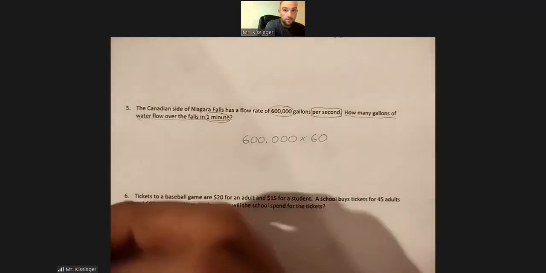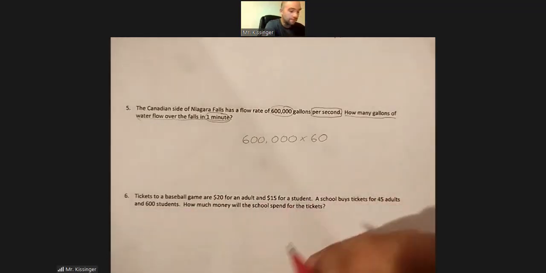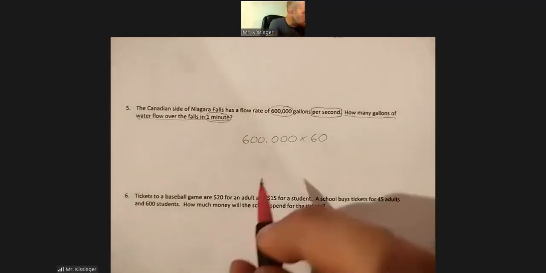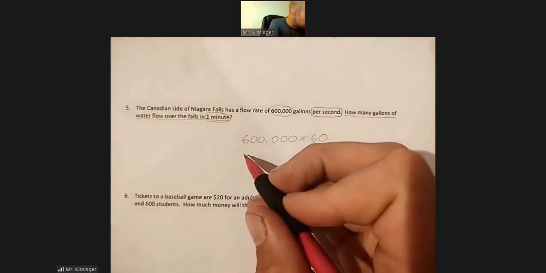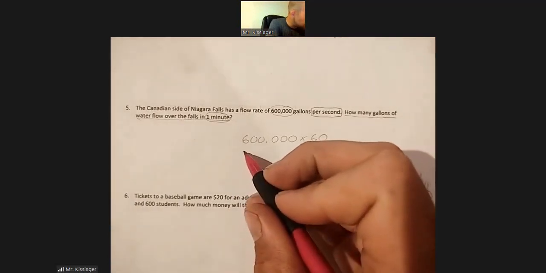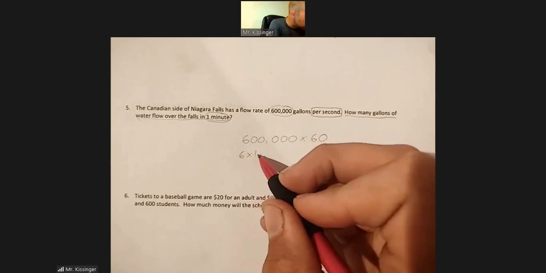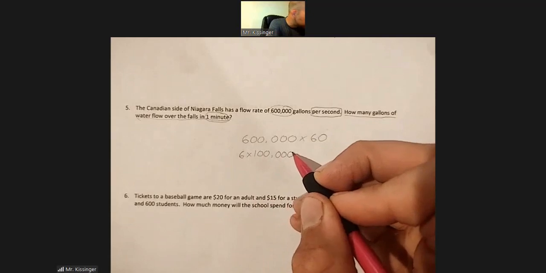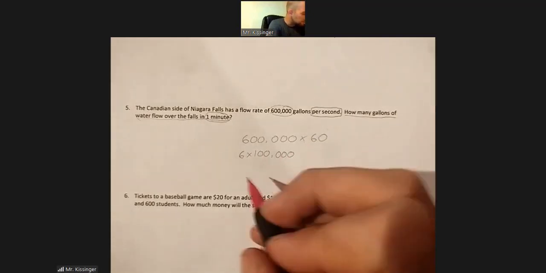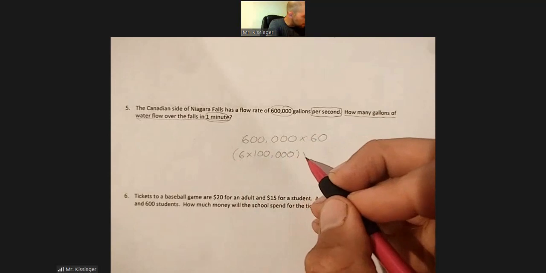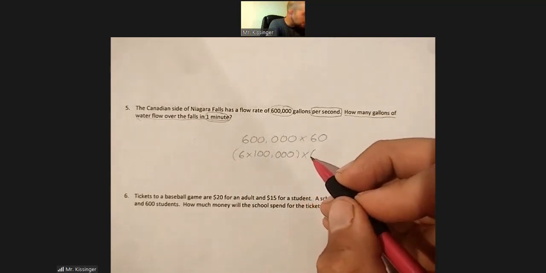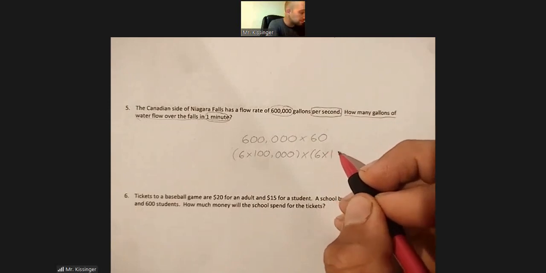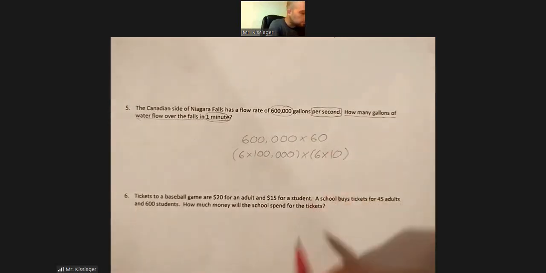So let's break that up into some smaller numbers that will make it easier for us to multiply. We'll use our distributive property of multiplication, and we'll look at 600,000 as 6 times 100,000. 600,000 is 6 100,000s, and then 60 is 6 tens, 6 times 10.